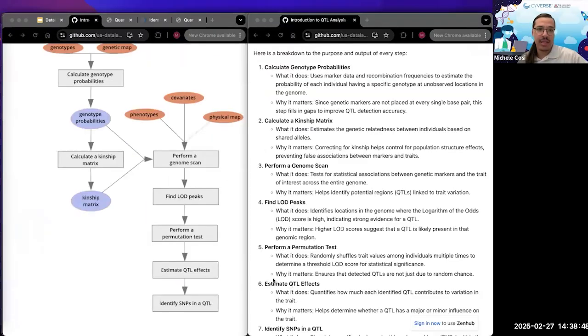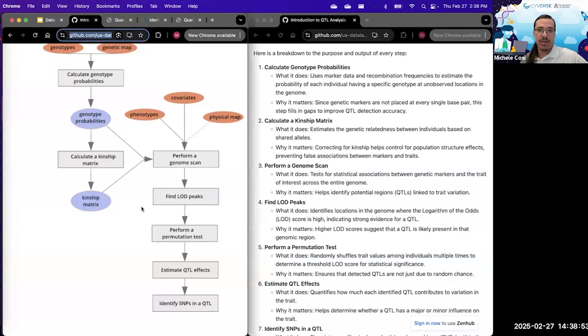I'm going to share my entire screen this time because you can probably see both of the notes as well as the pipeline itself.